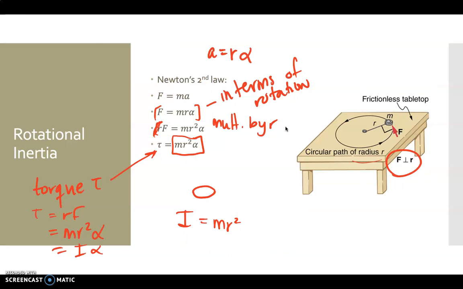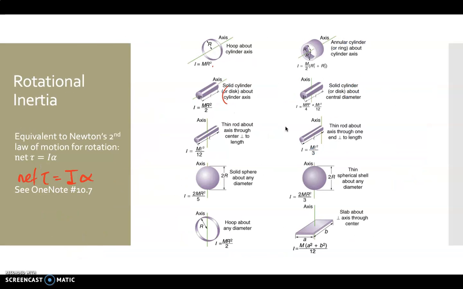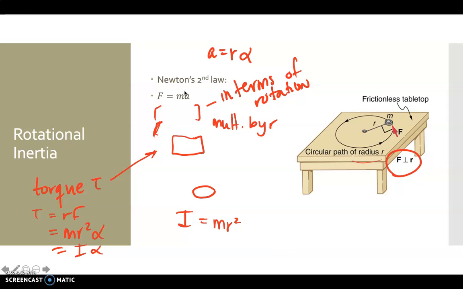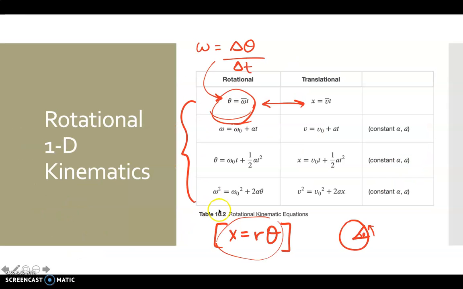We know our I is going to be, we have a cylinder, a central axis. It will be mr squared over 2. So we have a solid cylinder about the cylinder axis.